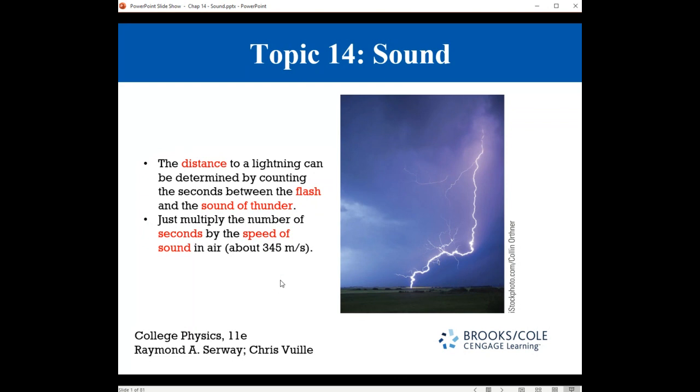Then multiply the number of seconds by the speed of sound, which is 345 meters per second. This will give you the distance between your location and the location of the lightning.